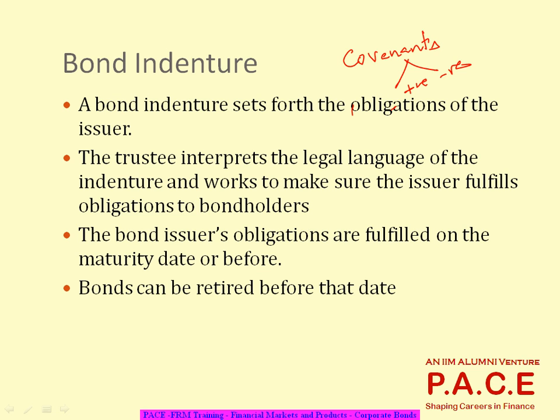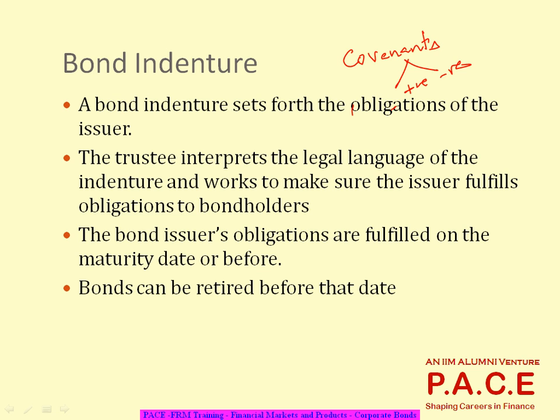Negative covenants are don'ts: he should not issue new loans without informing the existing bondholders, or should not give more and more dividends. So it sets forth the obligations of the issuer.